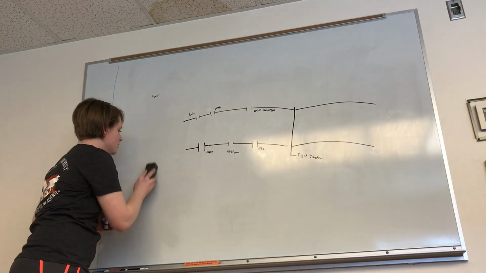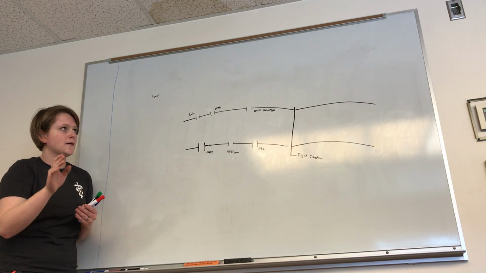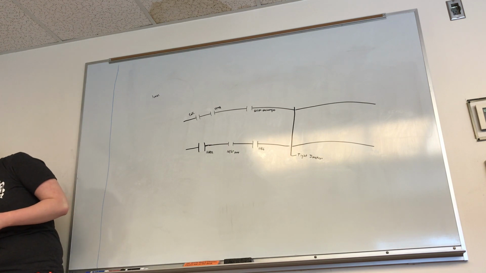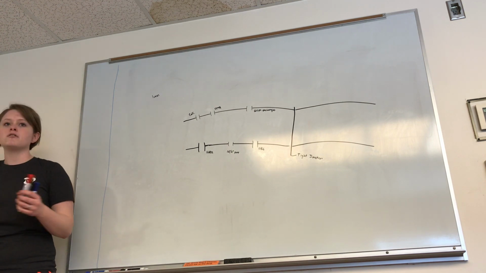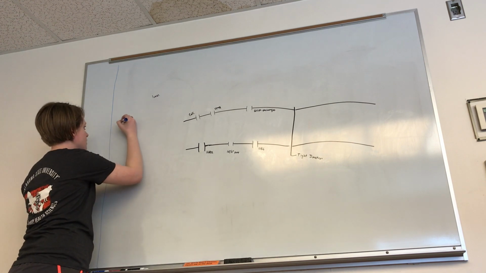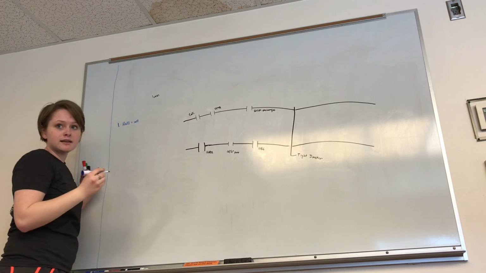I'm gonna erase this for a minute. I'm gonna give you 2 rules that we're gonna follow for this. And if you understand that, the rest of this will make a lot more sense. So the first rule is that sodium chloride is salt and it's readily available to the body.